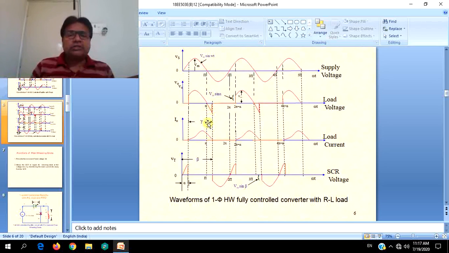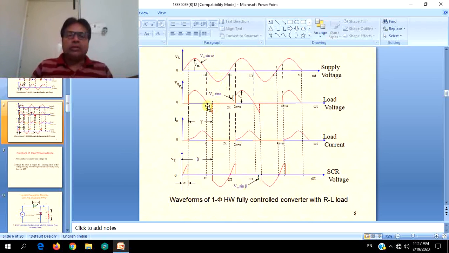But when you examine the voltage waveform from pi to beta, in this angle beta minus pi, the voltage is already negative because the supply voltage has been reversed. There is nothing else to divert it; simply via the load and SCR, the supply voltage will be applied in reverse.